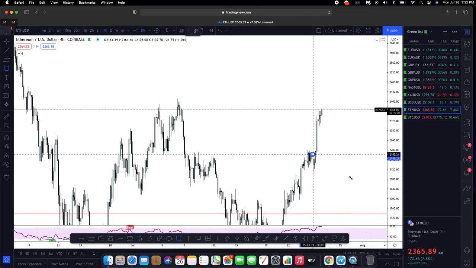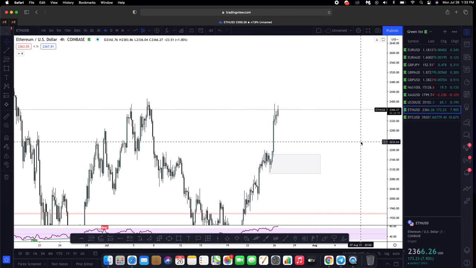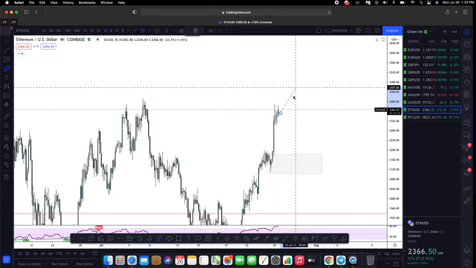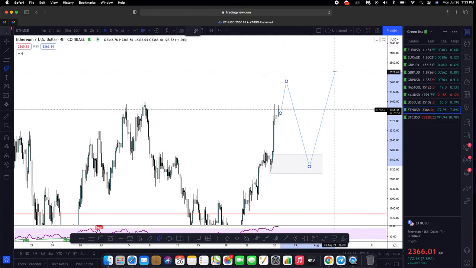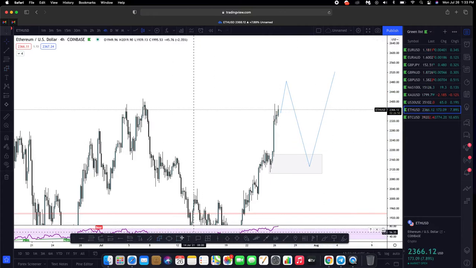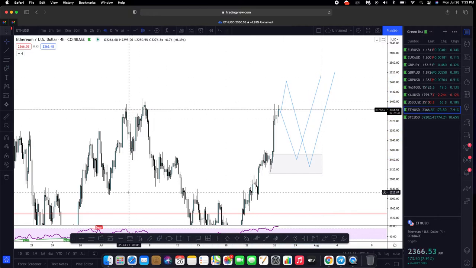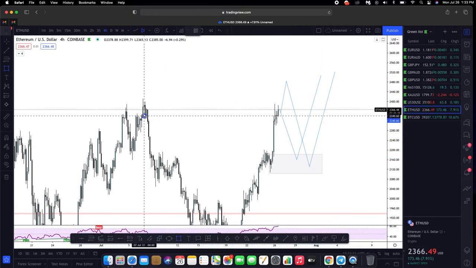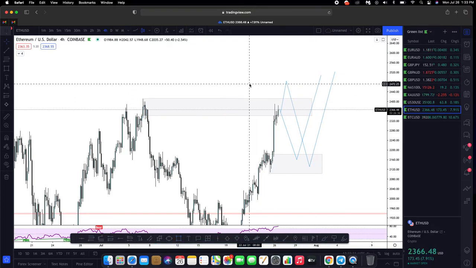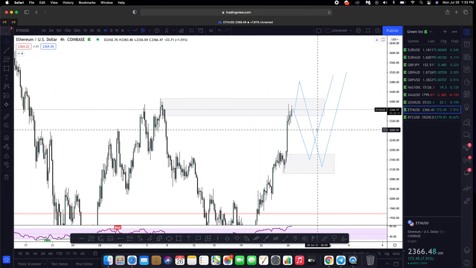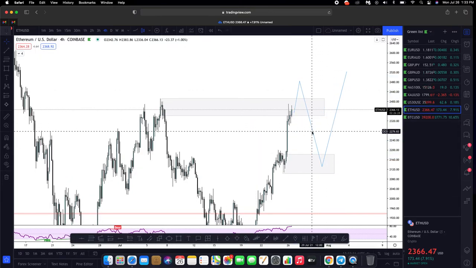It could retrace back to this zone right here, which would give us a nice opportunity to buy, or it would break this high and then come down, or it'll just come straight down. Reason being because this is also a supply zone, which has not been broken yet. However, I believe the market is in an uptrend, right? So let's wait and see what happens, right?